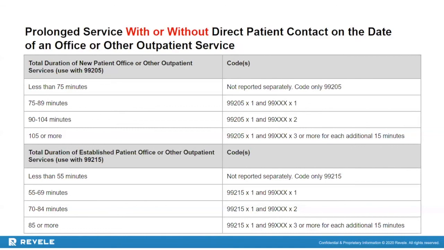For 70 to 84 minutes, 99215 one time, and 99XXX twice. And for 85 minutes or more, you would use 99215 once, then 99XXX three or more times for each additional 15 minutes.